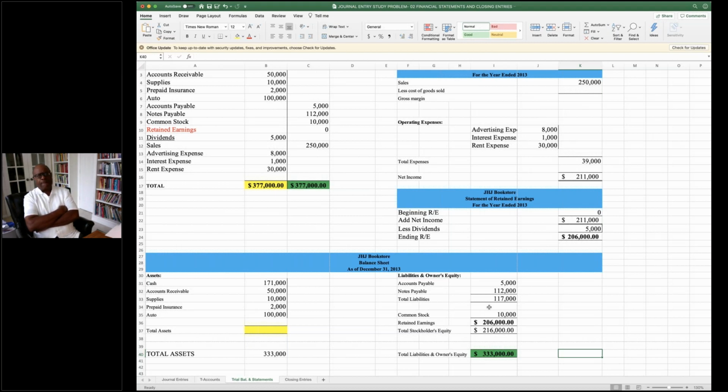Now, as I said, each team will go back to that team homework where you were turning in journal entries, trial balance, post ledger trial balance, and ledger has to be there too. And of course, you got to add in a retained earnings account and an income summary account, add those in.